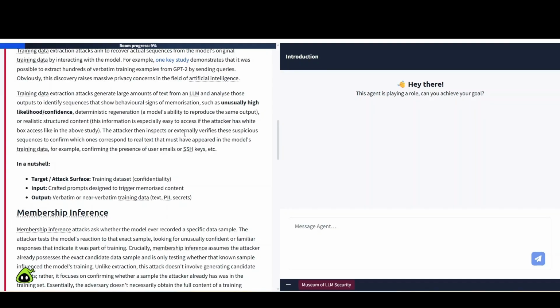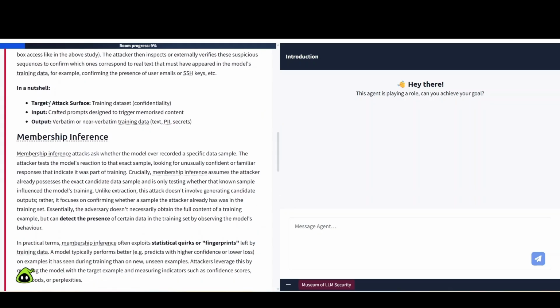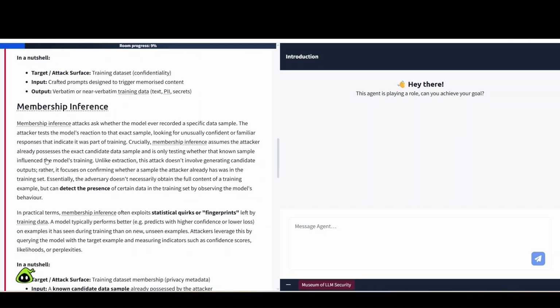The attacker then inspects or externally verifies these suspicious sequences to confirm which ones correspond to real text that must have appeared in the model's training data. For example, confirming the presence of user emails or SSH keys, etc. In a nutshell, target/attack surface: training data, confidentiality. Input: crafted prompts designed to trigger memorized content. Output: verbatim or near verbatim training data, text, PII, secrets.